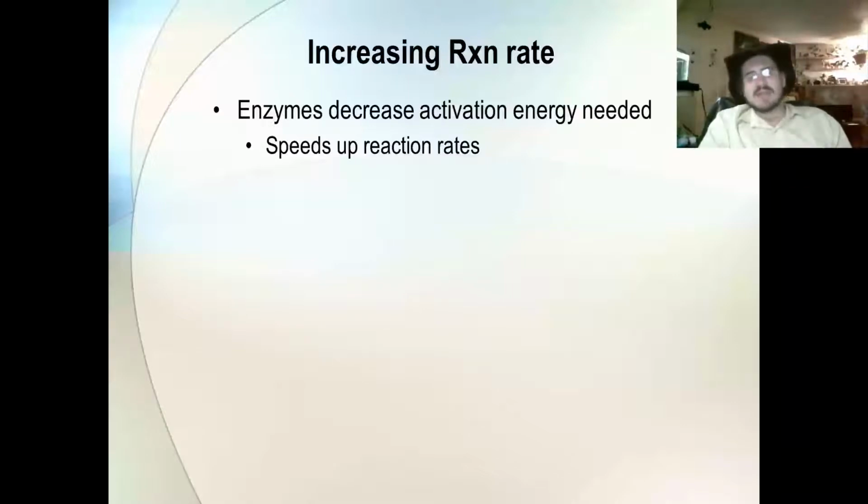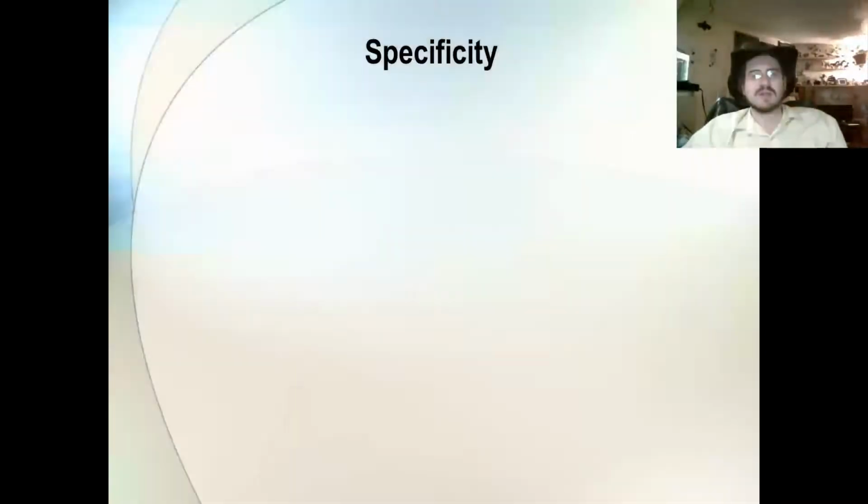So an enzyme doesn't make a reaction occur faster. The reaction that produces the bond still takes the same amount of time to go off. But it allows the reaction to occur more often in a given time. And so that is the reaction rate, how often the reaction occurs.